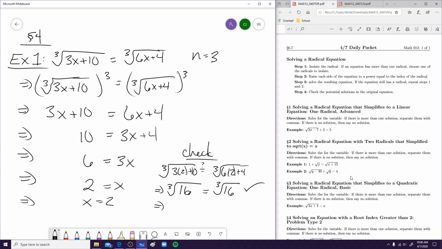We're going to look for the greatest perfect cube factor. For 16, I'm going to write it as a product of prime factors. 16 is 2 times 8, or 4 times 2, and 4 is 2 times 2. So it's 2 times 2 times 2 times 2, which equals 16.